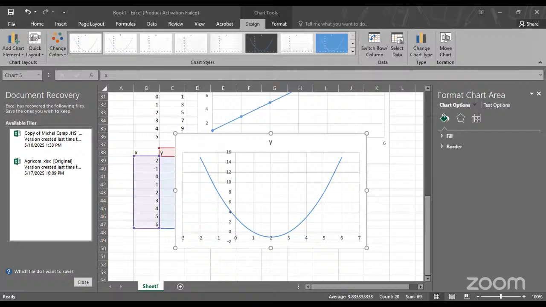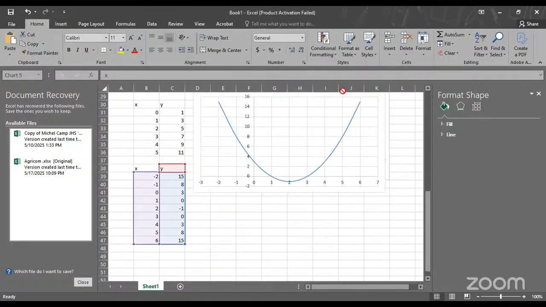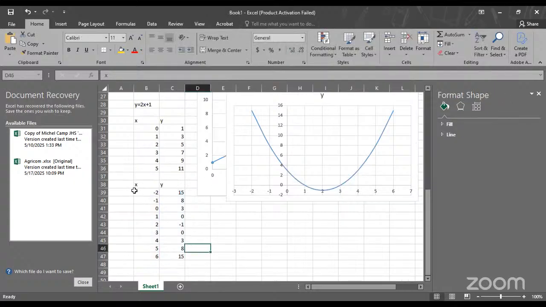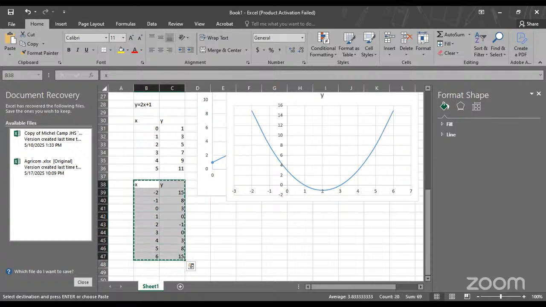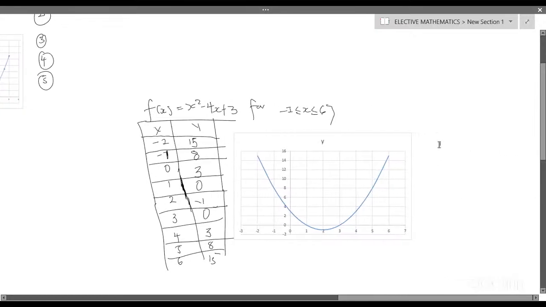If you have a graph book, you can go and grab it. Copy this. And now let me share this. So this is our graph.